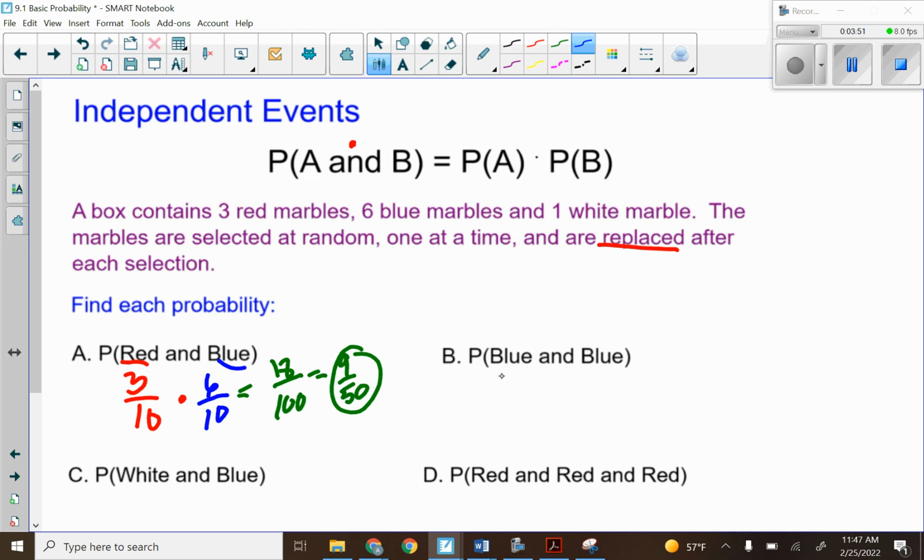B. I draw a blue marble, 6 out of 10. I replace it and draw another blue marble, so 6 out of 10 still, which gives us 36 out of 100, which can reduce to 9 out of 25.